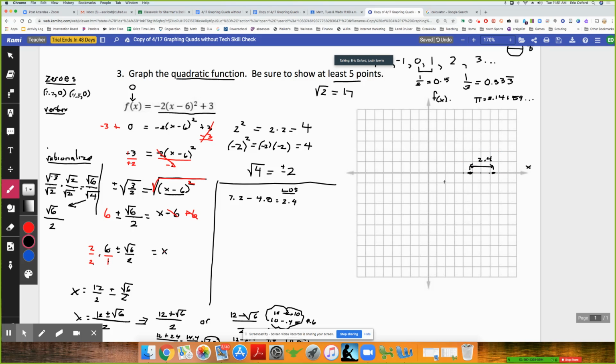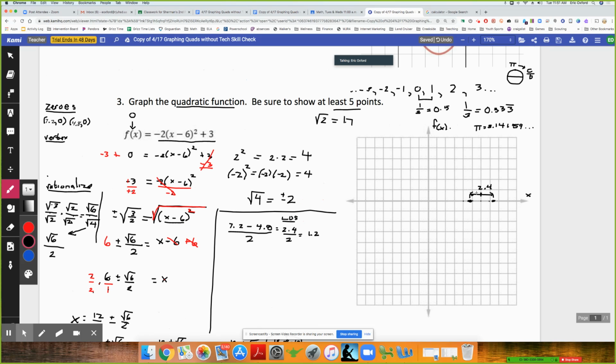Actually, in order to find the halfway mark, I need to find what's half of 2.4. I forgot a piece. This is divided by 2, and that would be 1.2. So the distance of this part right here is 1.2.